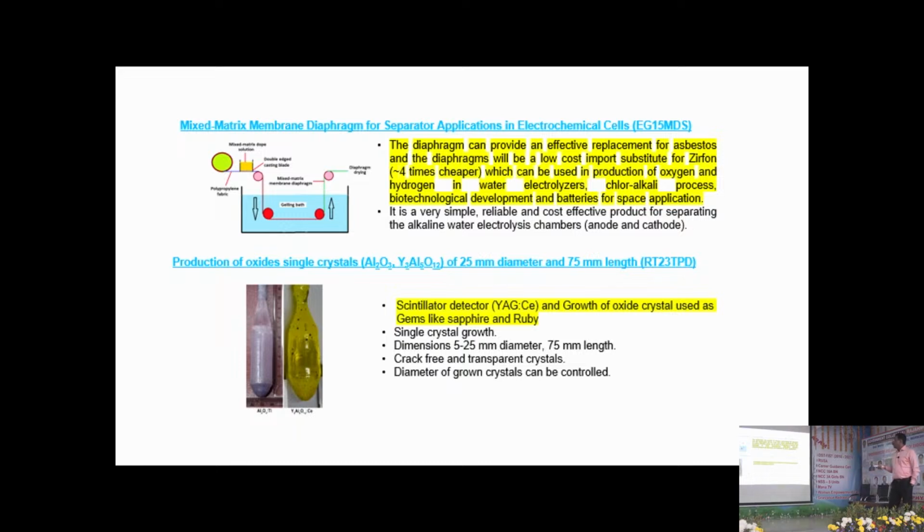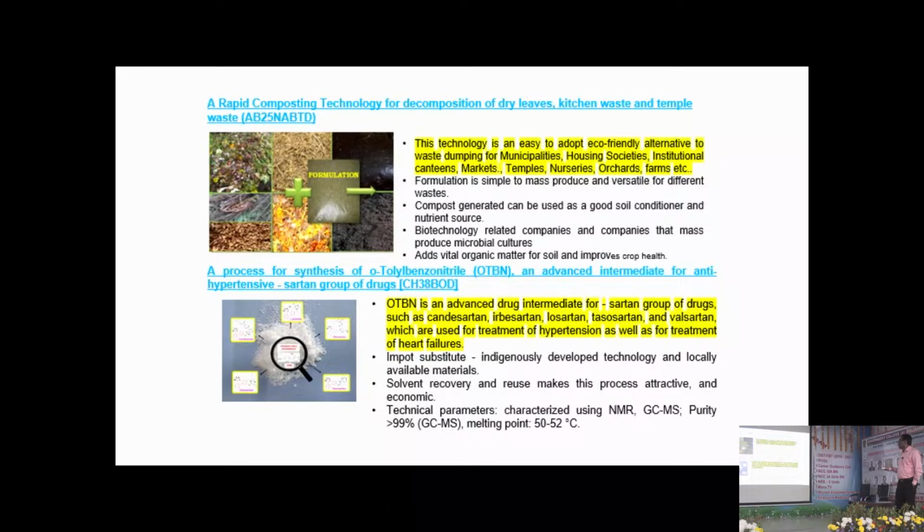Lot of demand. Now we were also talking about the production of oxide single crystals. For YAG laser production, whatever material we were able to pull from a single crystal, this technology is also available, and we can produce gems and rubies from this.